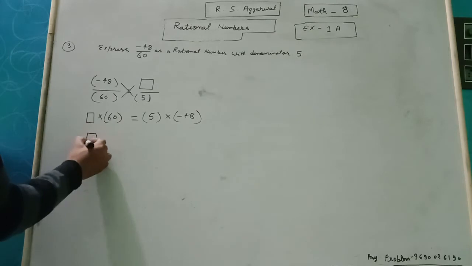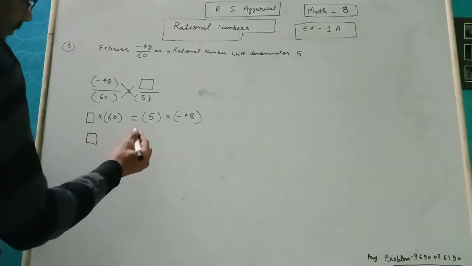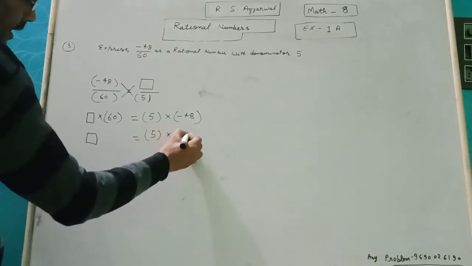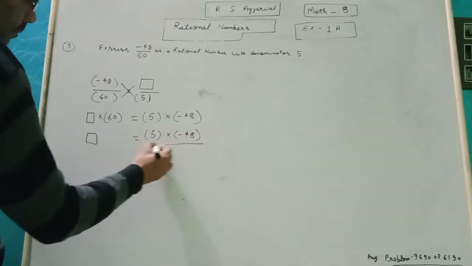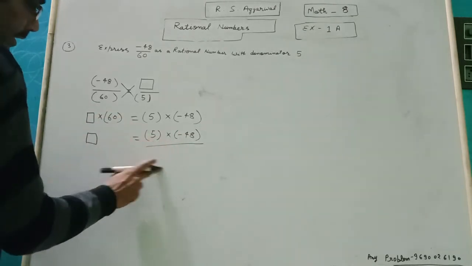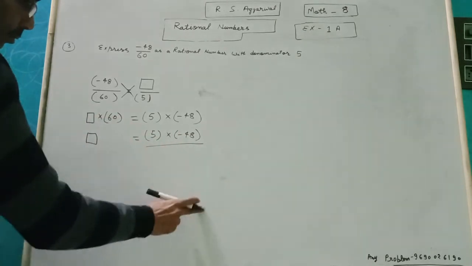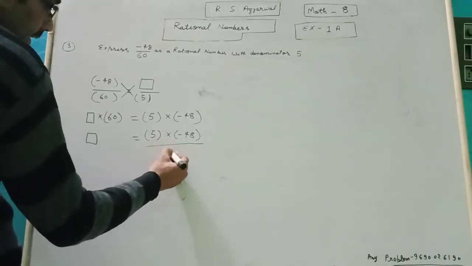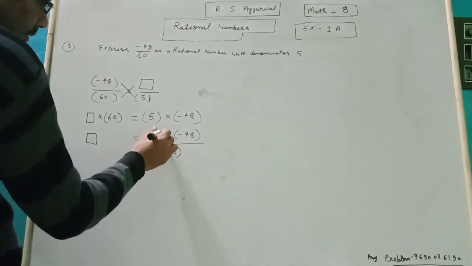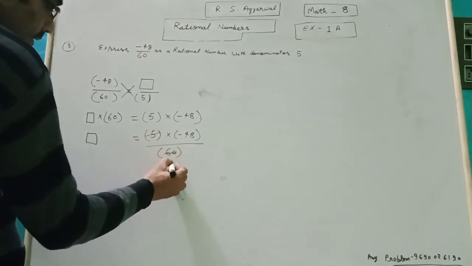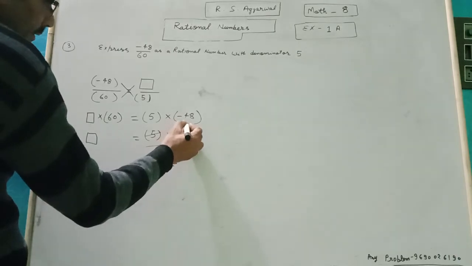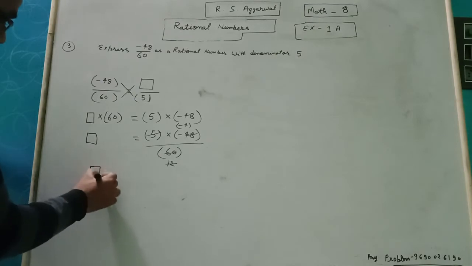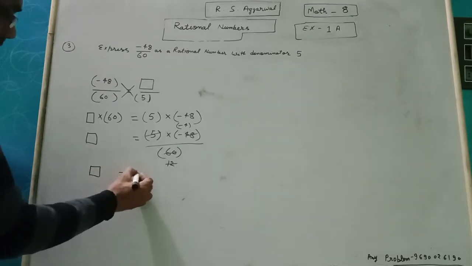Then we find the value of box. 5 into minus 48 upon 60, divide to the right hand side. 60 divided by 5 is 12. 12 fours are 48. Box is equal to minus 4.